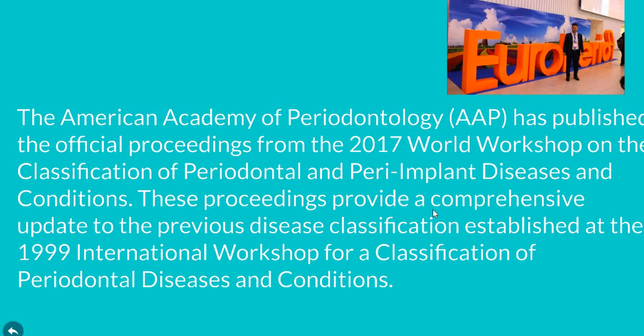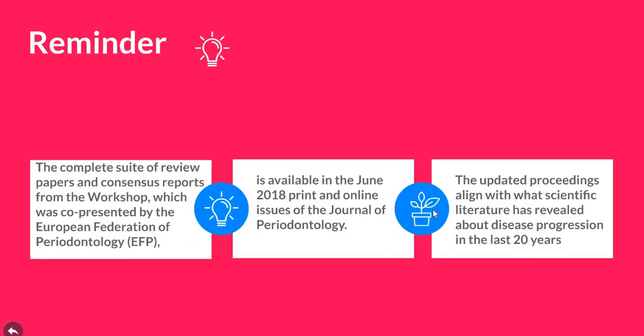So this is an introduction of the new classification. As a reminder, the complete suite of review papers and consensus reports from the workshop, which was co-presented by the European Federation of Periodontology, is available in the June 28, 2018 print and online issue of the Journal of Periodontology.